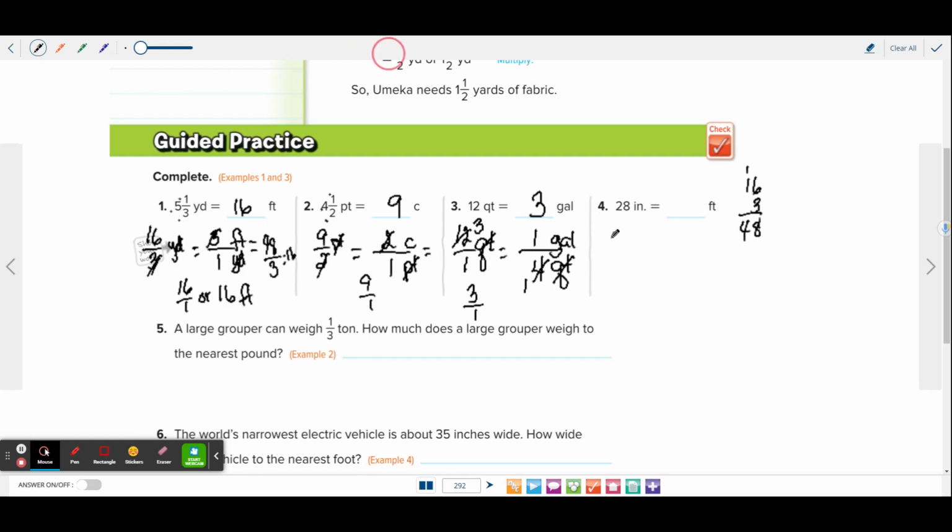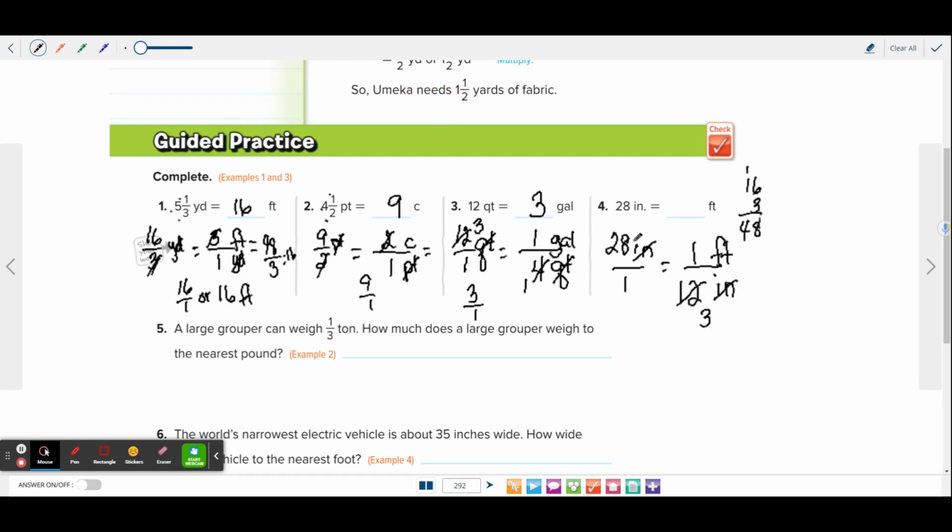Now 28 inches to feet, 28 inches. We're going to put that over 1. We've got inches on bottom, so we can cancel that out. Feet on top. I know that 12 inches is 1 foot. Okay. We're going to cancel out our inches. And then 12 and 28, I believe, can both be divided by 4.